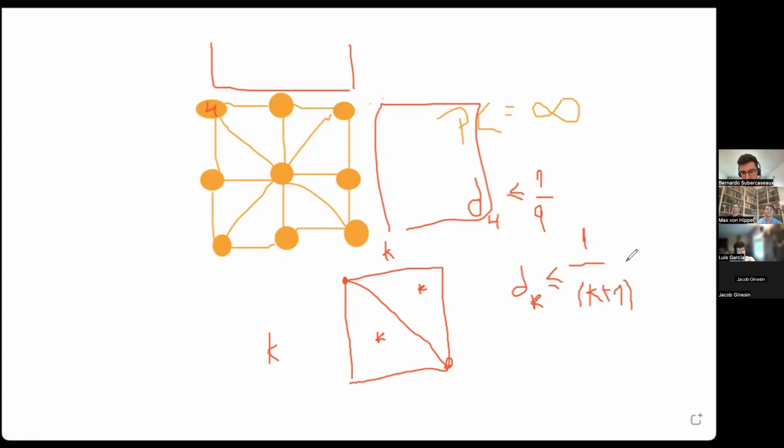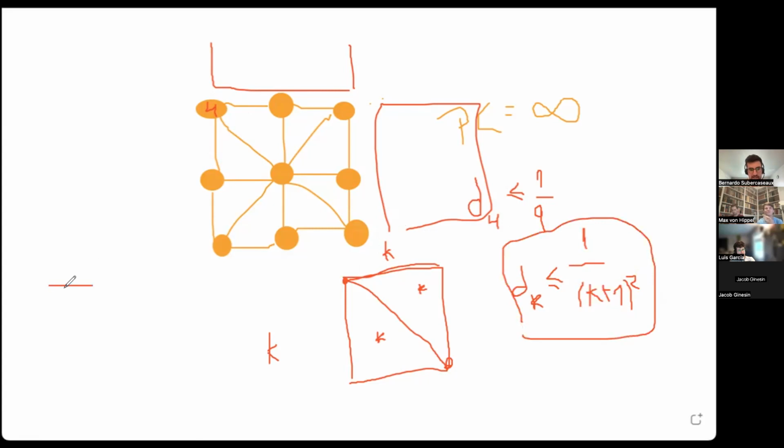Because if my square is of side K plus 1, still the largest distance is K. I guess it depends on what we mean by side, but if I'm talking about the number of vertices, then it's K plus 1 vertices, because the distance is K. So that means that the density of color K is at most 1 over (K plus 1) squared.